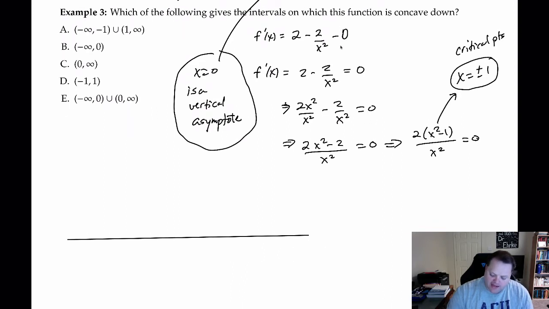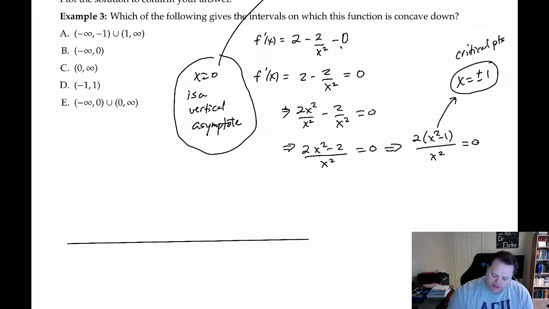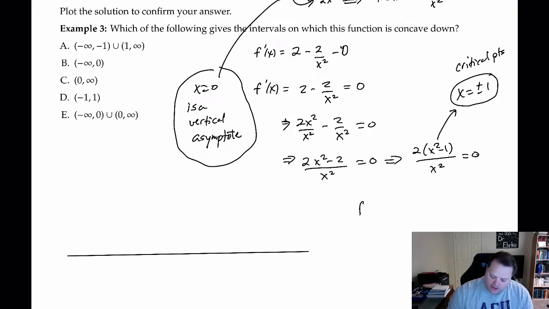Before I do that, I need to get the second derivative real quick. So let's do that off to the side here. The second derivative, I'm looking back right here, is the easiest place to take the second derivative from. So the derivative of 2 is 0 minus the derivative of this. I'm thinking of this as 2x to the negative 2.